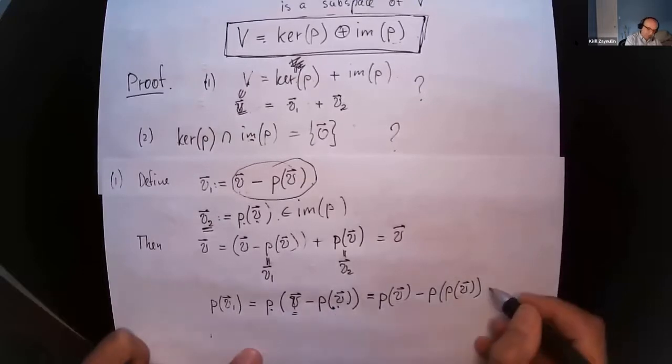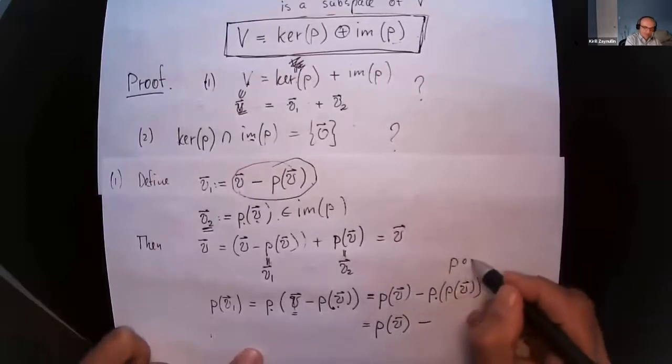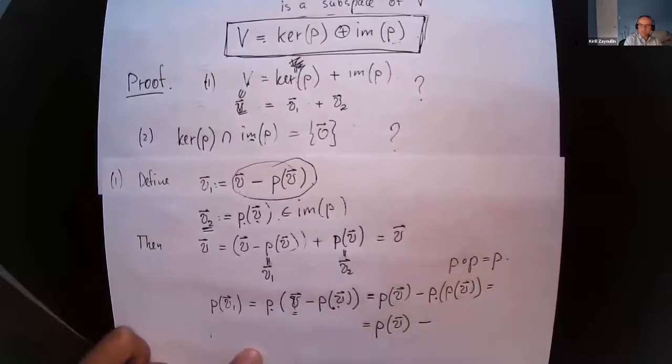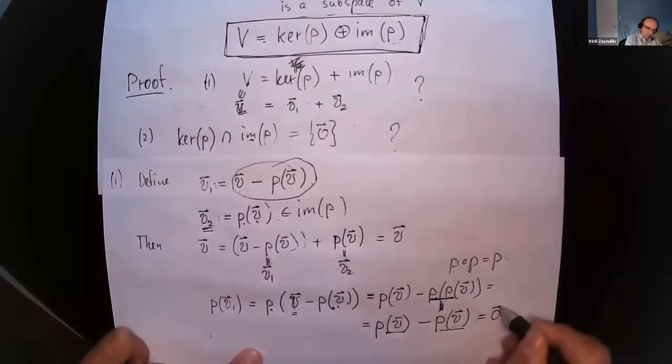And then, what's this? This is just P of V minus, and then look, P was chosen to be a projection. So it satisfies P composed with P is P itself. And that's precisely what we have here. So it's P composed with P, meaning that here we just have the usual P. And then P of V minus P of V, this is just 0.